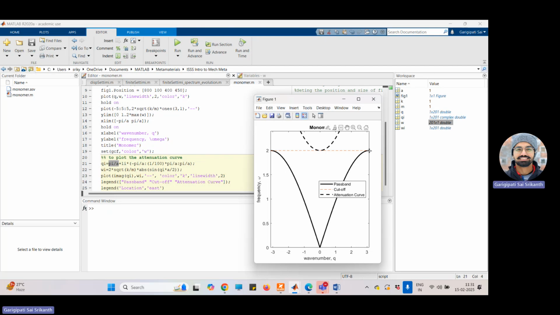And when you increase the frequency further, when you go into the band gap region, the alpha value remains pi by a, which it was during the pass band, but the beta value starts accumulating. So for this attenuation curve, the x-axis values are the beta values, the imaginary part of Q. Whereas for the pass band, it is the real part of Q.